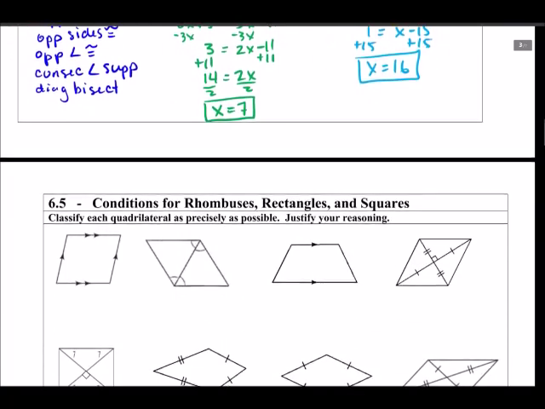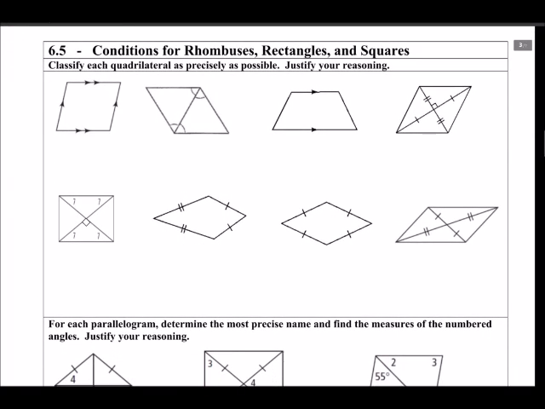All right, let's move on. 6.5. Conditions for rhombuses, rectangles, and squares. These were our converses. How do we prove that a figure is whatever it is? And what are we asked to do? Classify each quadrilateral as precisely as possible and justify.